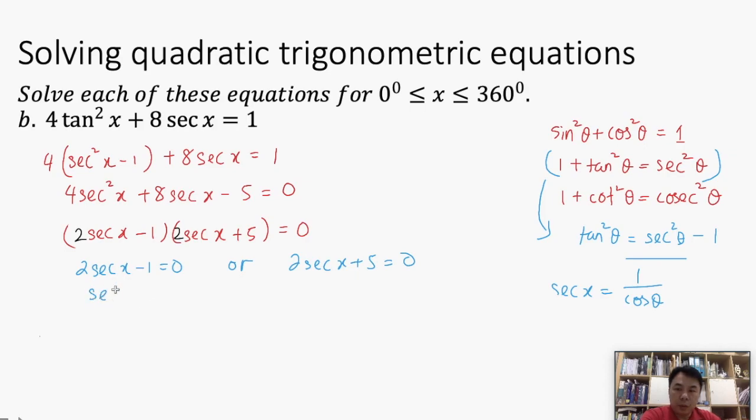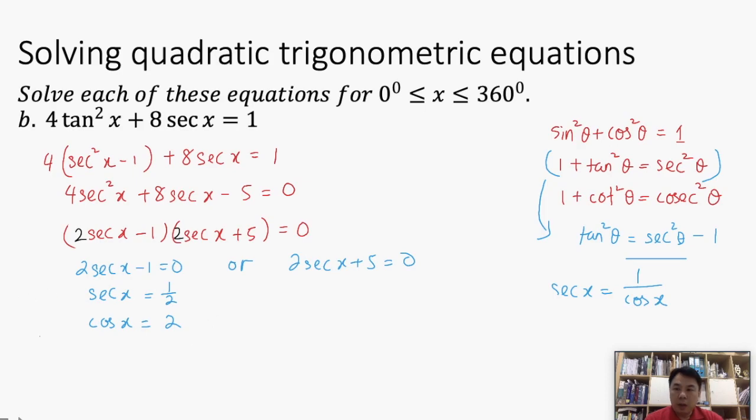So from here we have secant x equal to a half, and then we know that secant x is, this is a wrong labeling, I hope you're okay with this. Yeah, that's cos x. So I can write down cos x is actually equal to 2, right?